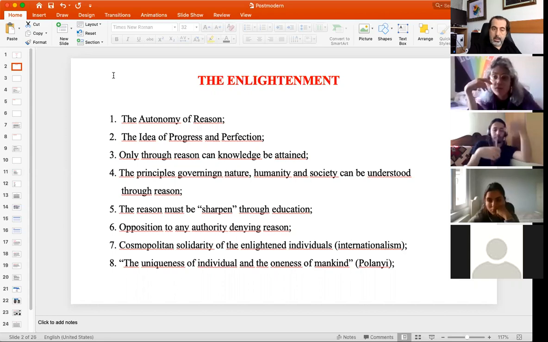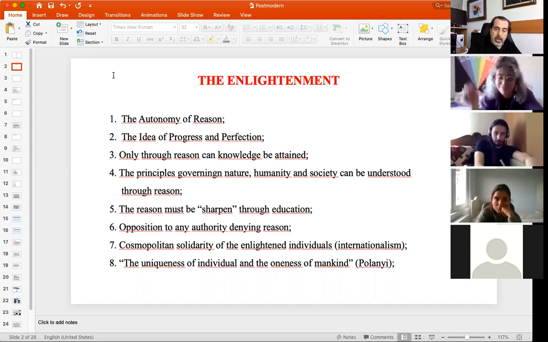Education is important, right? And the opposition is to any authority, be it scientific or religious or political authority, that denies reason. And the cosmopolitan solidarity of the Enlightenment individuals, or internationalism, and the uniqueness of the individual and the oneness of mankind, so to speak.